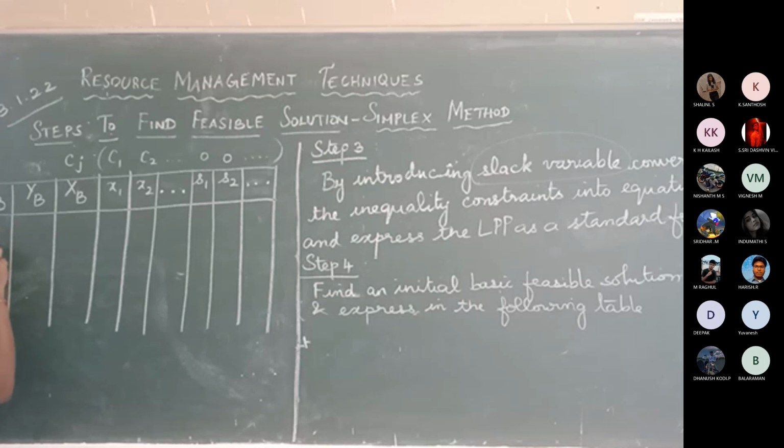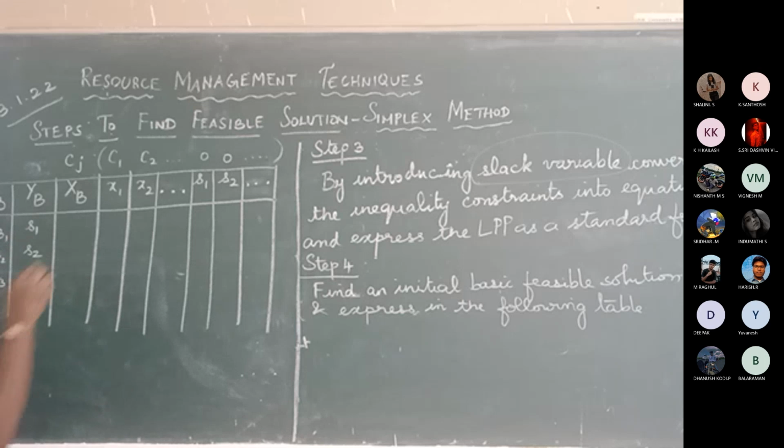That we represent as CB1, CB2, CB3, and so on. Similarly, YB will be your slack variables, however many slack variables you are denoting.